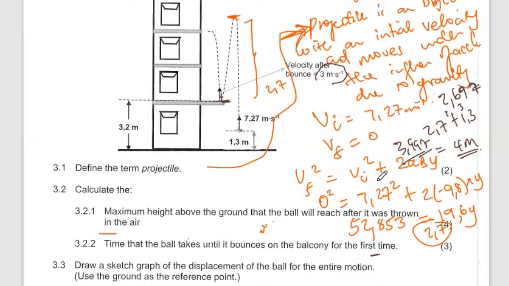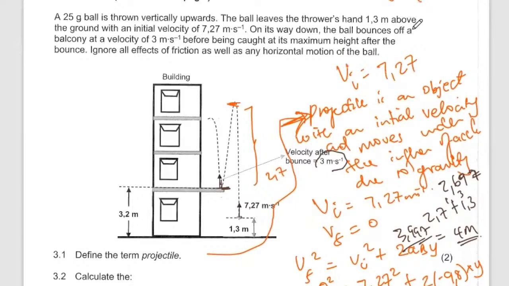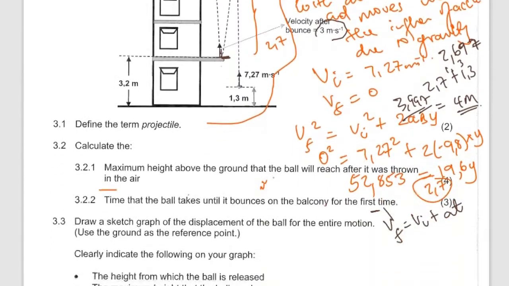So we could use V final is equal to V initial plus a t. Are we going to assume that it's 3 meters per second? Will that make sense? No, it doesn't. It will not make sense.